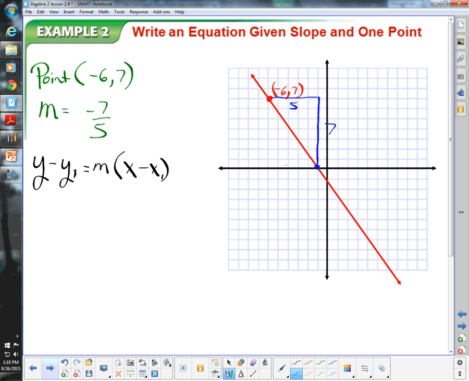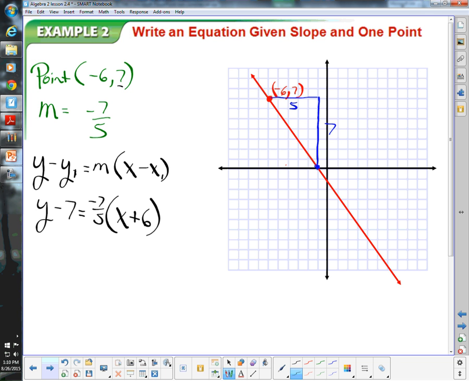Now just plugging stuff in. Y minus my y number, which is 7, equals my slope, which is negative 7 fifths, times x minus my x number, which is negative 6. So I'm going to do plus 6. I just plug numbers in. All right? Good enough?